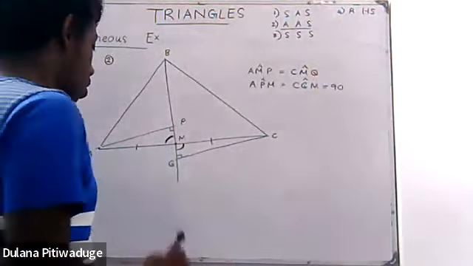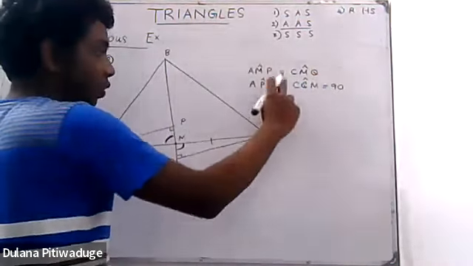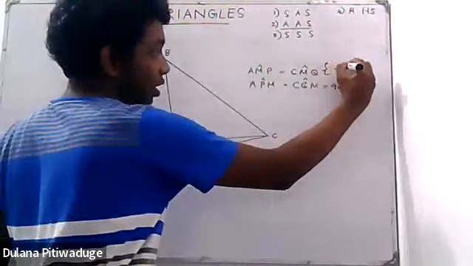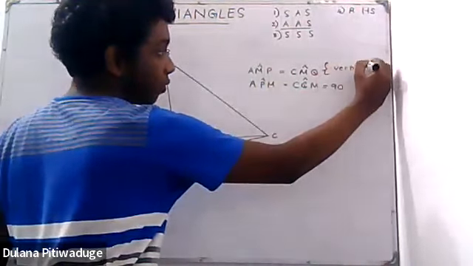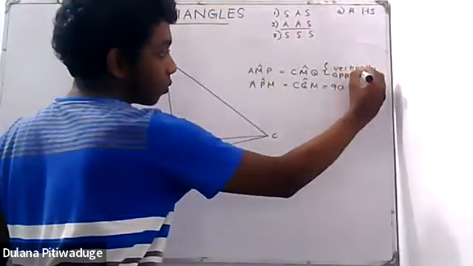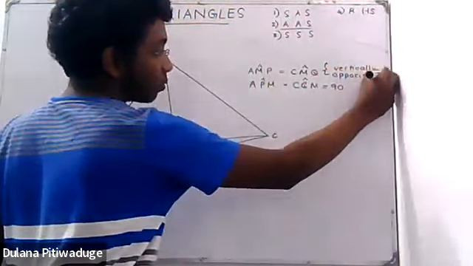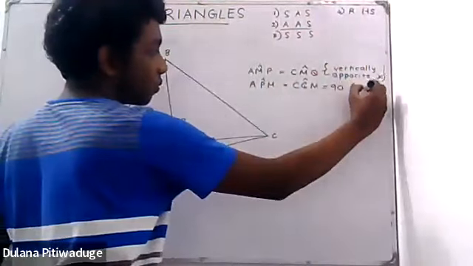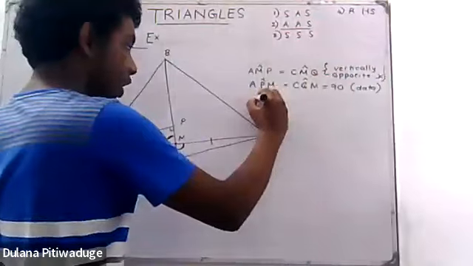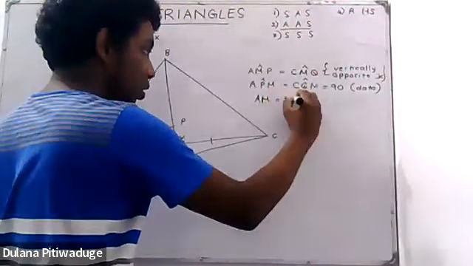Then also as a fact, they have given in the question as data. The reason here is vertically opposite angles. Here it's data. Also as data, they have given that AM is equal to MC.